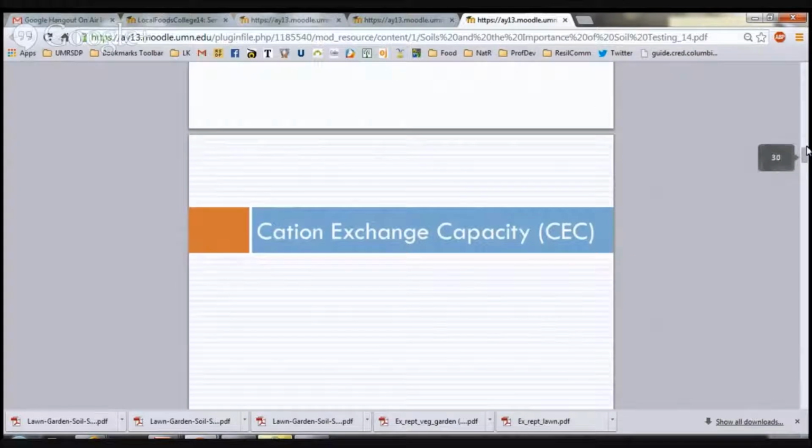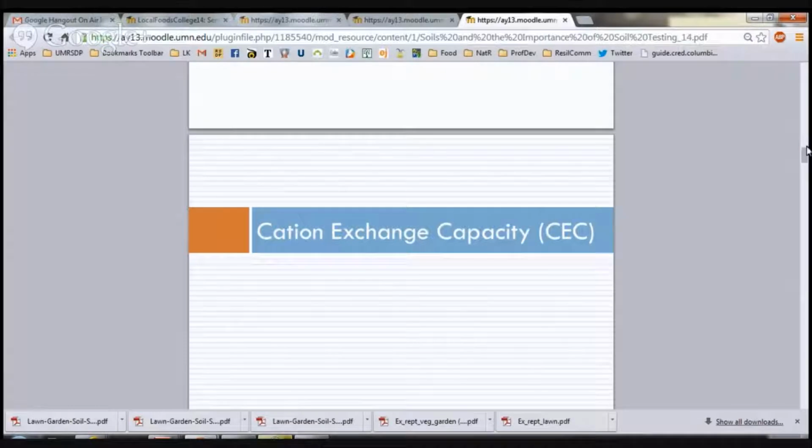So cation exchange capacity, CEC, is typically used on a soil test report. It's not tested for on the Twin Cities soil testing facility. Basically, it's the addition of your basic and acidic cations.